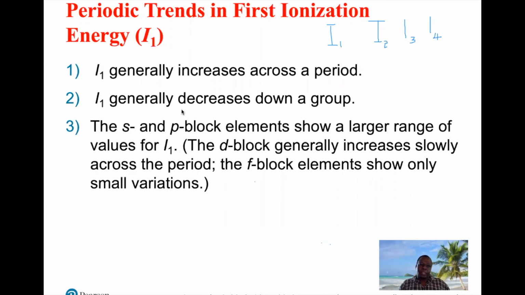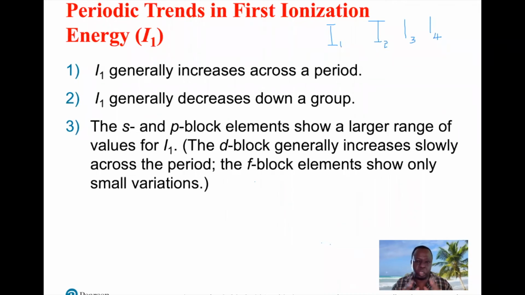Now, first ionization energy generally decreases down the group, of course, because as you go down a group, the number of shells keeps on increasing and there is more shielding. As the number of shells increases going down a group, the outermost electrons do not feel that force of attraction by the protons in the nucleus.